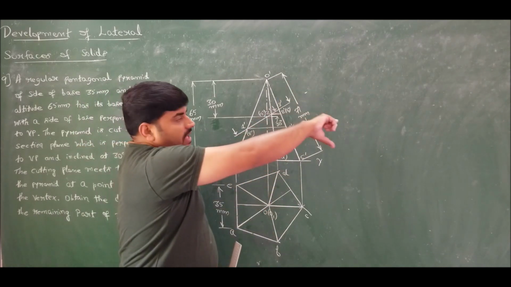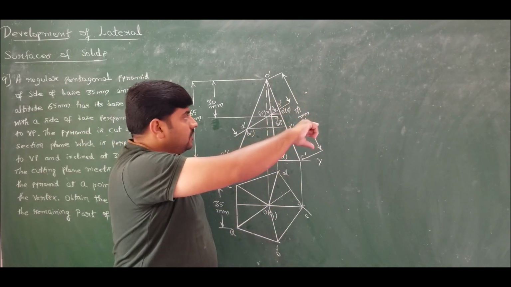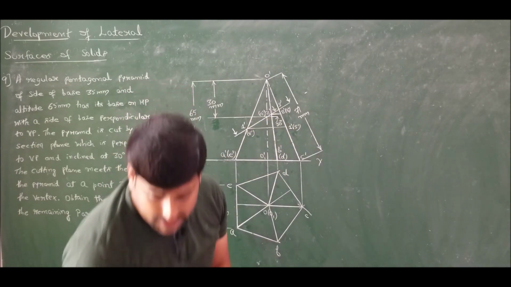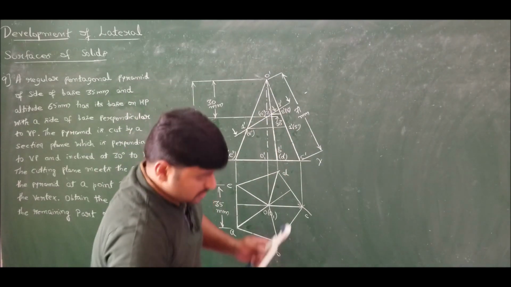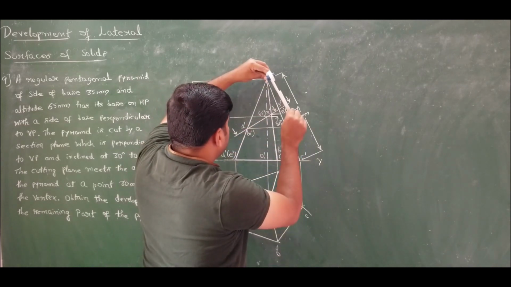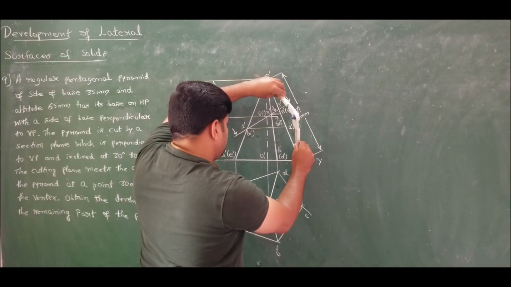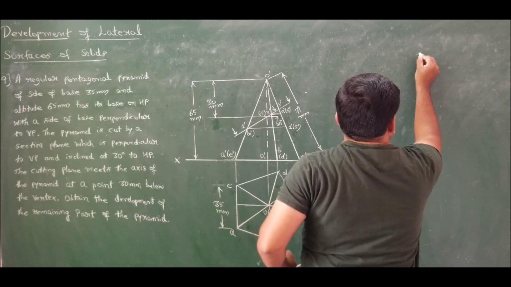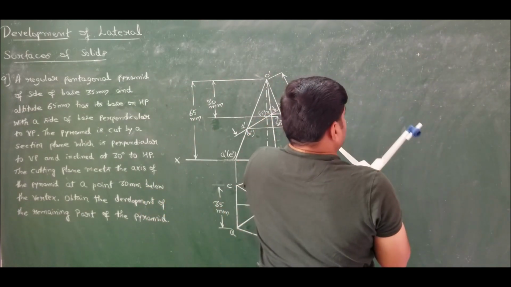Now first draw an arbitrary arc for unknown angle of radius 71 mm, that is measuring 71 mm from here, you draw an arc.